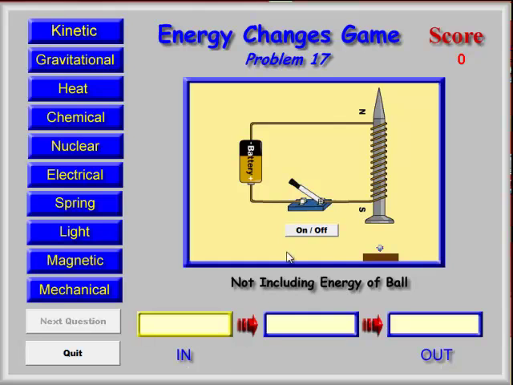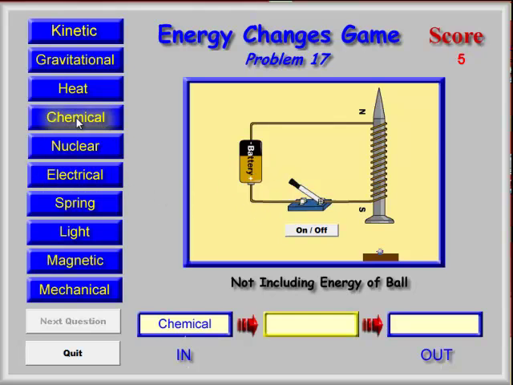Here's another problem where you can see that we have a battery attached to a coil around a nail. Of course, this is an electromagnet. You can see if we turn it on, it becomes magnetic. We turn it off, it's not. A little difficult here. Where is the original energy?